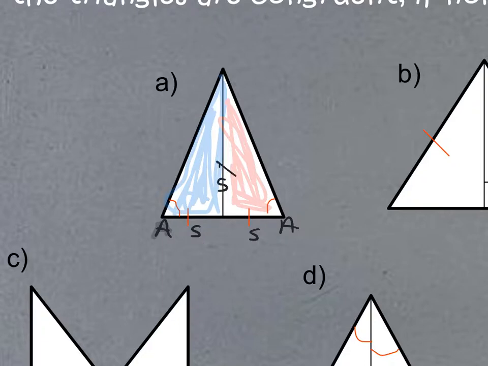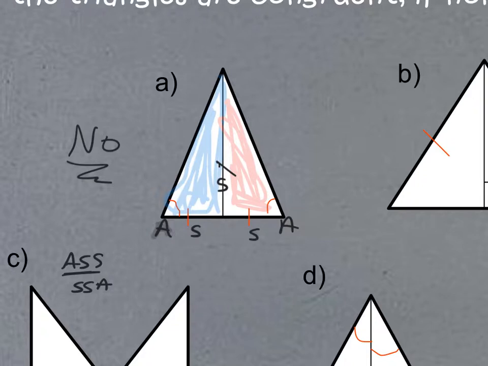Have we learned a shortcut for ASS or SSA? Have we learned that yet? No, right? Now, just because this spells a bad word doesn't mean that it doesn't work. It's just there is no such shortcut as ASS or SSA. So these could not be congruent. We do not have enough information.